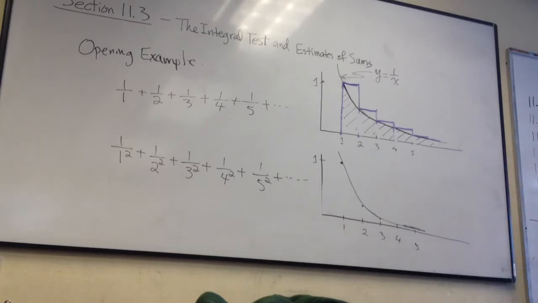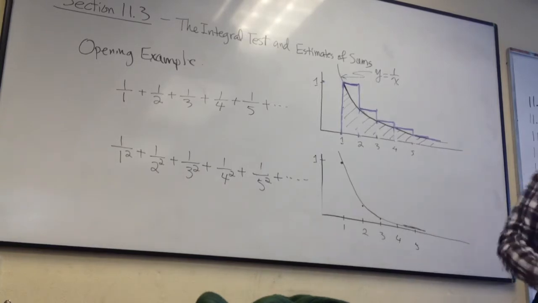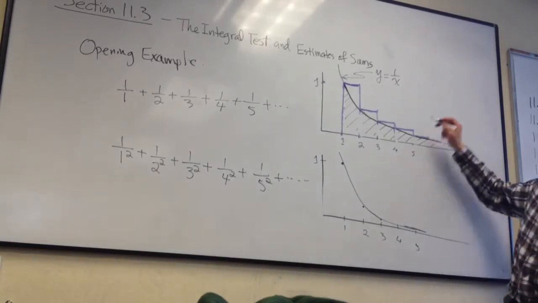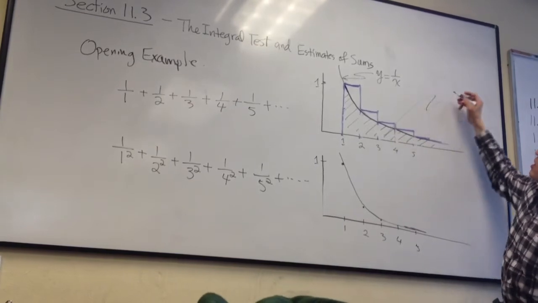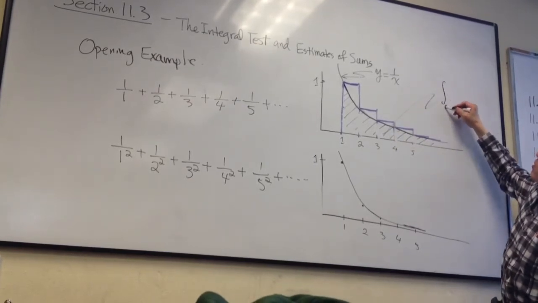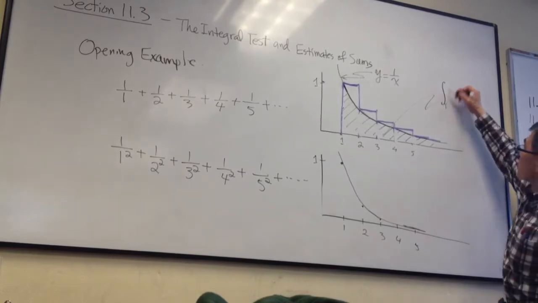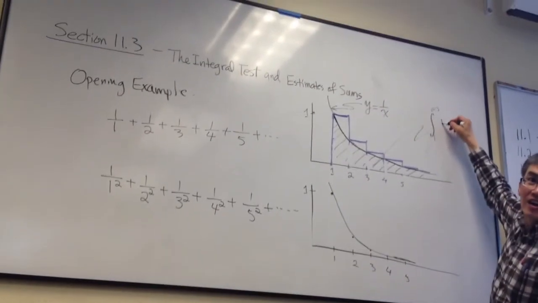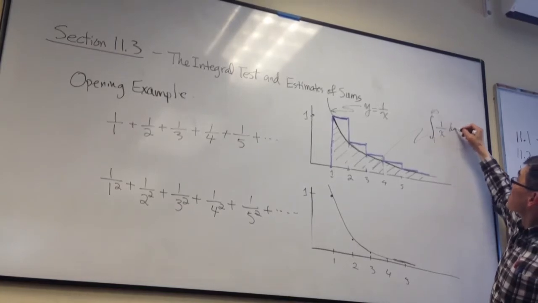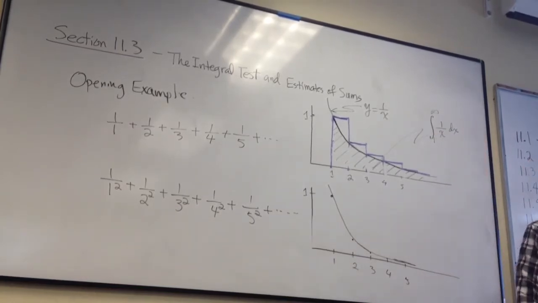And that is because I know one thing back in chapter 7. I know that this shaded region is nothing other than the integral from 1 to infinity of 1 over x dx. Is that right?